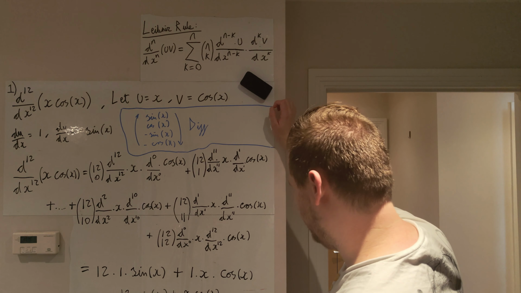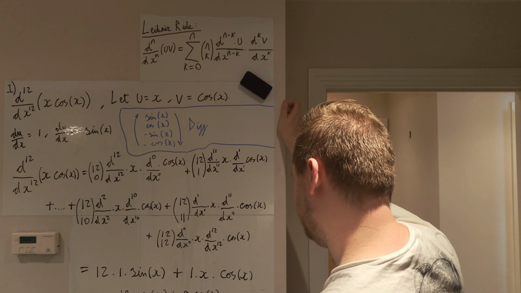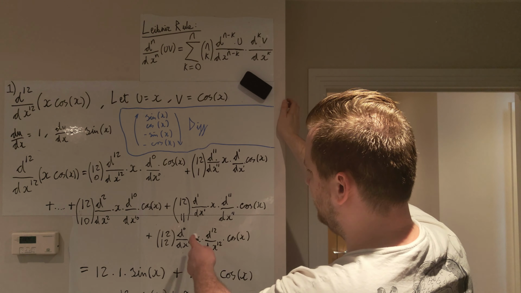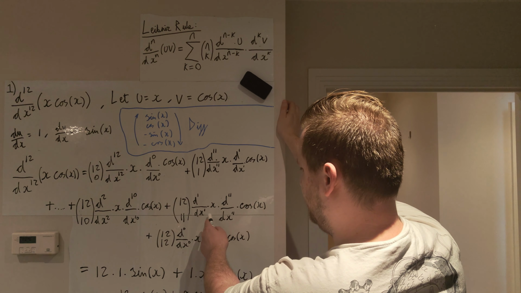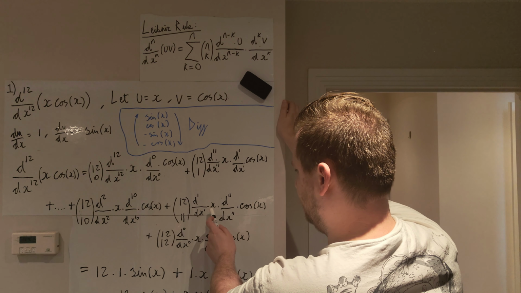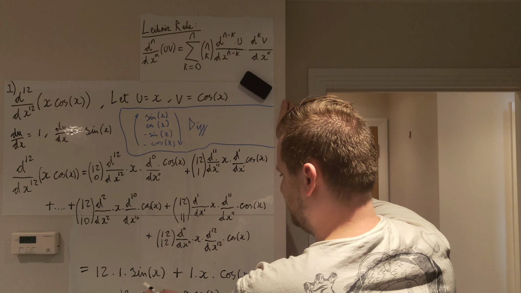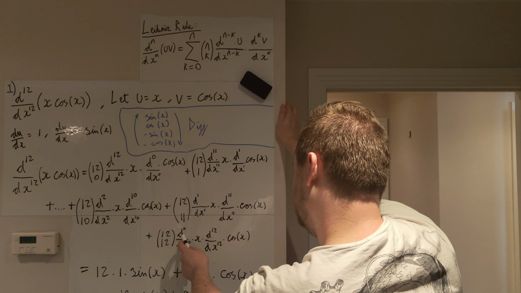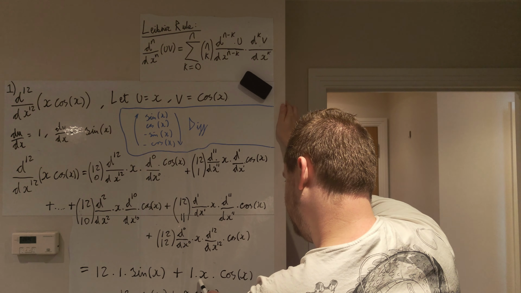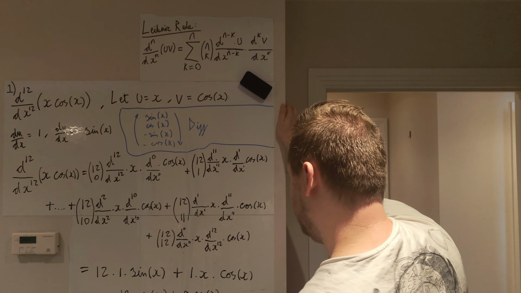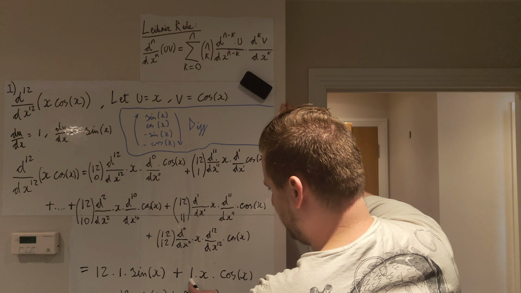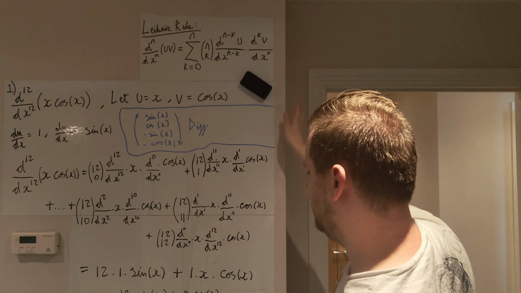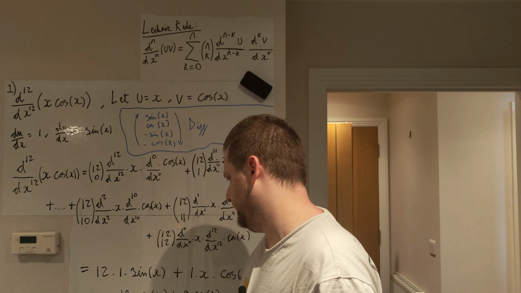Okay, so I feel like I'm rambling on, but hopefully this makes sense. So for the d over dx, this is just 1, so that becomes 1. And this is not differentiated at all, so that stays as x. And we have the 1 from the 12. So that explains the 1 and the x and 12 and 1.